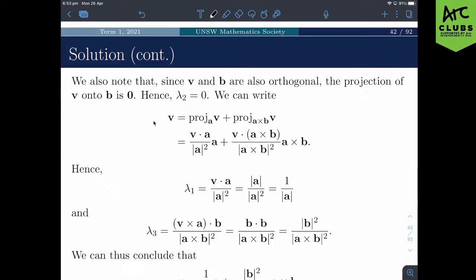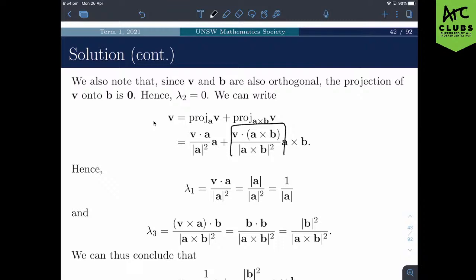If we project V onto A, then the projection formula is V dot product with A over A squared times the vector A. So the vector that we're taking the projection on appears in 3 places. That's how I remembered the projection formula, which may not be very mathematically nice, but that's how I remembered it. And applying the same formula to the second part, this is the coefficient that we get.